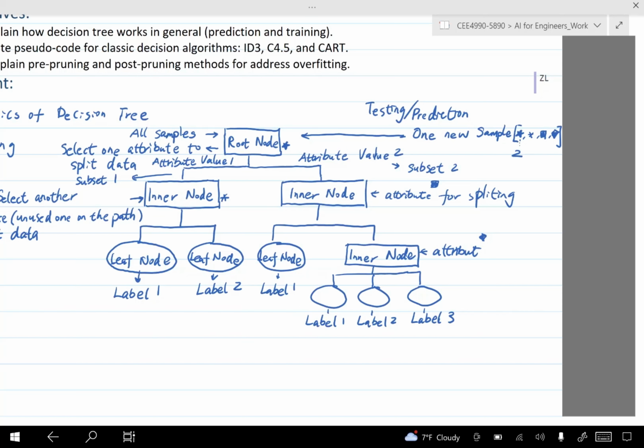Let's say that for the square, we have a 2 as well. Then we will go to attribute value 2 here. And finally, for the diamond one, we have an attribute value of 3. So we go from here. Eventually, we say that, oh, this one belongs to category 3 or has a label 3. That's how we use the decision tree to do a typical multi-class classification problem.